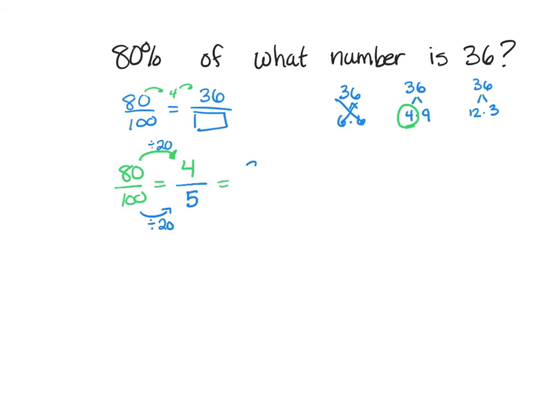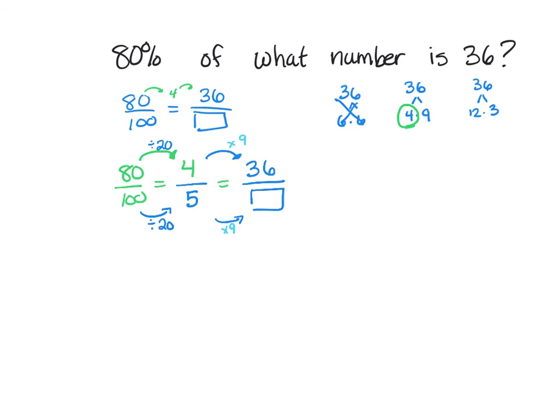And I need to figure out, out of what number would it be to get to 36 as my numerator. So to get from 4 to 36, right, we'd multiply by 9. So 4 times 9 is 36. So that means we have to multiply the denominator by 9.